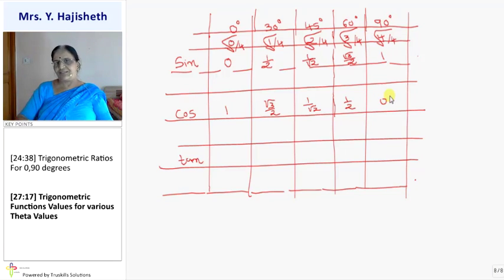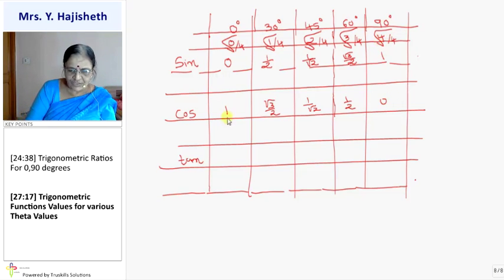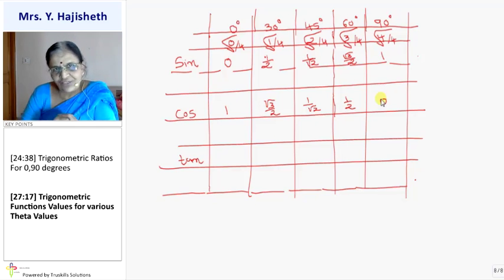This is not a trick; the concept is that sine 90 is cos 0, sine 60 is cos 30, sine 45 is cos 45, sine 30 is cos 60, and sine 0 is cos 90. Clear? So you got the values of sine and cos. Sine is increasing from 0 to 1. Cos is decreasing from 1 to 0.